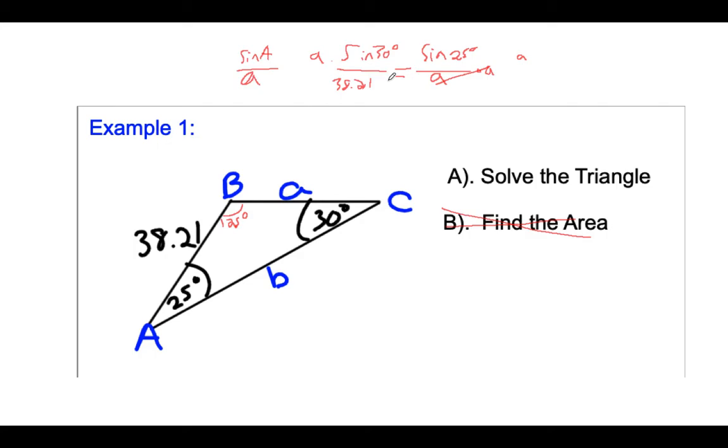And so we're going to divide that over. So a equals sine of 25 degrees divided by 0.01309, and you get a is about 32.28551.